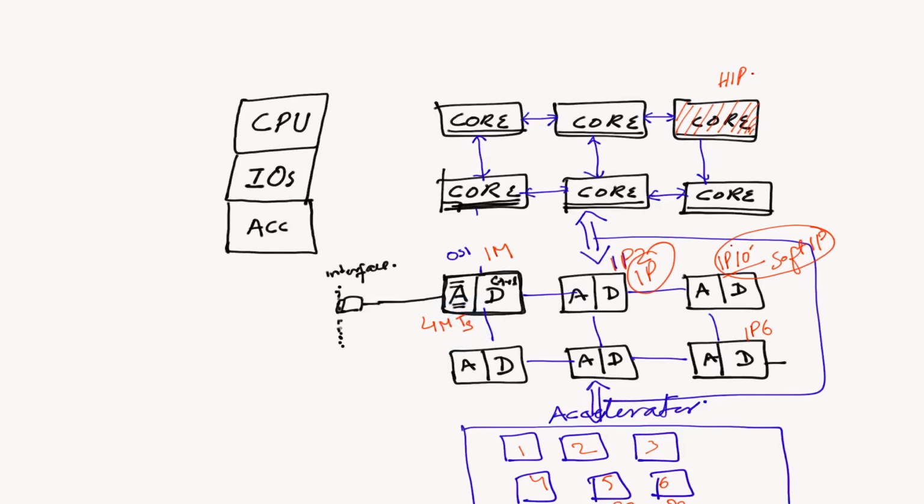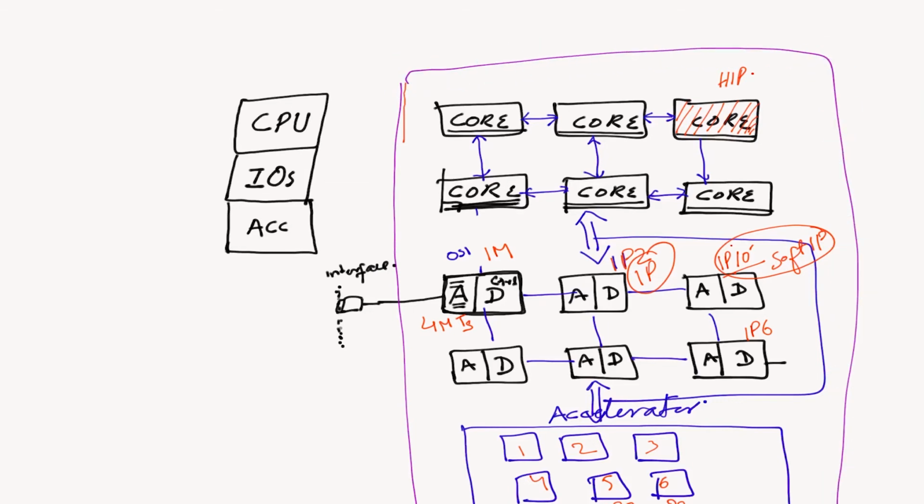Then each of these can be 4 or 12, 8, 10 million transistors. And overall our system on chip, we have seen in billions of transistors.